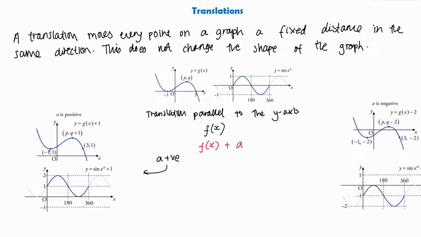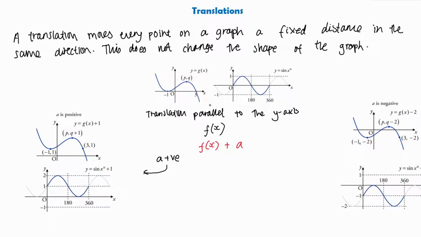So instead of minus 1, 0, we've got minus 1, 1. Instead of p q, we now have p q plus 1. And instead of 3, 0, we now have 3, 1. And we can't work out any of these other points, so we'll just connect them just like our graph looked like. So we can see here the shape of the graph has not changed, but every coordinate has been moved a fixed distance. In this case, it's 1 up because a is positive.